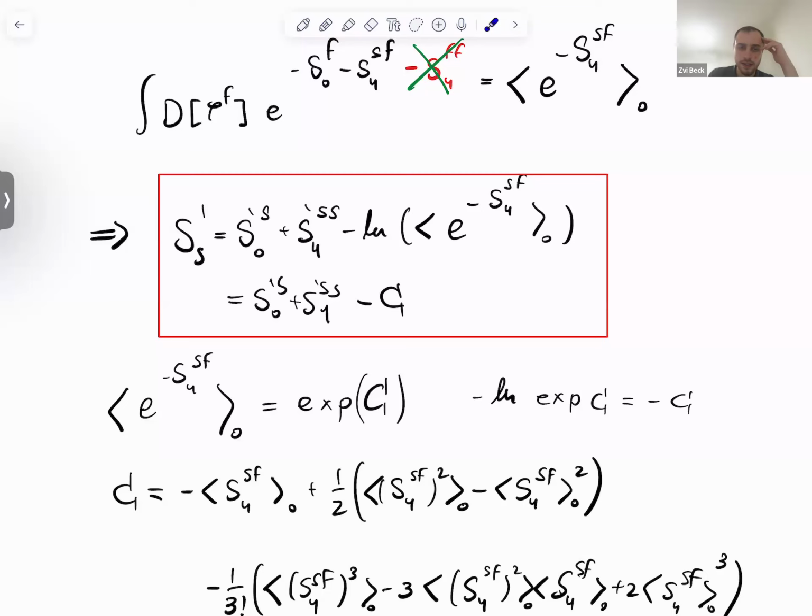Because the exponent is not an infinite series of S. Right, but we're computing the expectation value over the exponent of minus S. That's why I get an infinite series, because if you expand the exponential in a power series, you have an infinite series of terms, in each of which you have infinite terms.